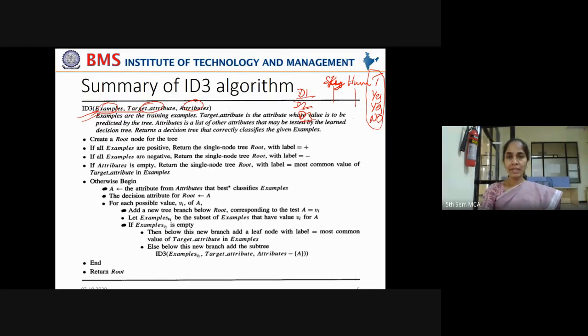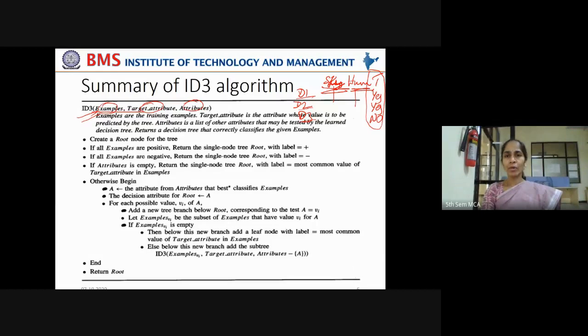Okay, this is how a decision tree is constructed. Now let us see in detail how the ID3 algorithm takes various steps in order to construct the decision tree. So what is the input? We have seen the input is the training examples, the target attribute, yes or no, and the attributes or features, these sky and humidity.